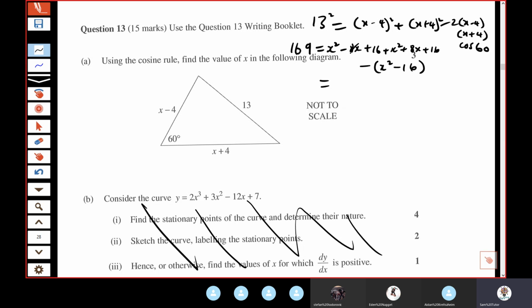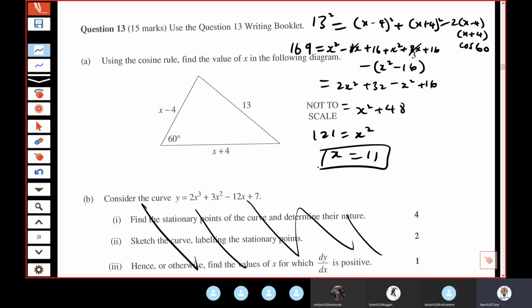You'll get minus 8 plus 8 cancelling out, so you're left with 2x squared plus 32 minus x squared plus 16. So you'll be left with x squared, and what's that, 48? 169 take away 48 is 121. x should equal 11.